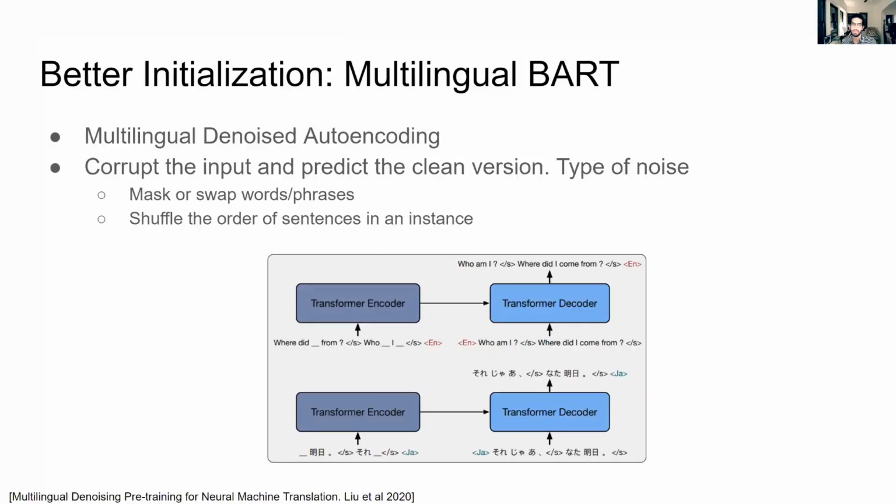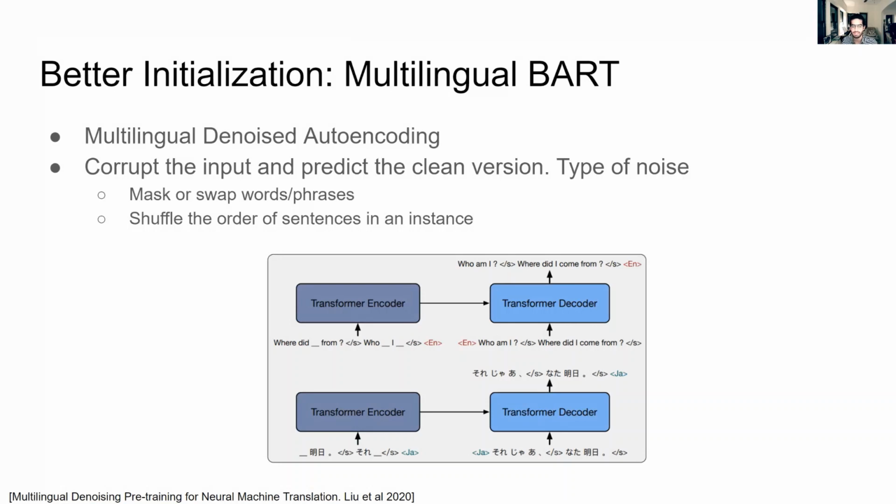Another more recent paper, which works slightly better, is a multilingual BART model. So the pre-training objective for initialization is also denoising autoencoding. In a monolingual setting, what that model does is you take your input, you add some noise to the input, and you try to regenerate the input using the decoder.